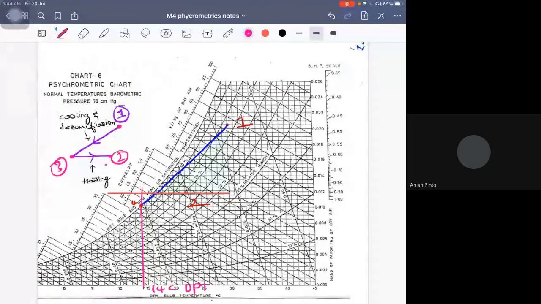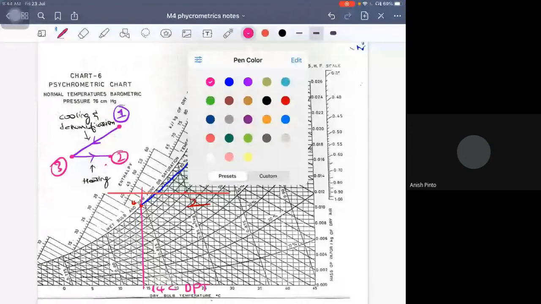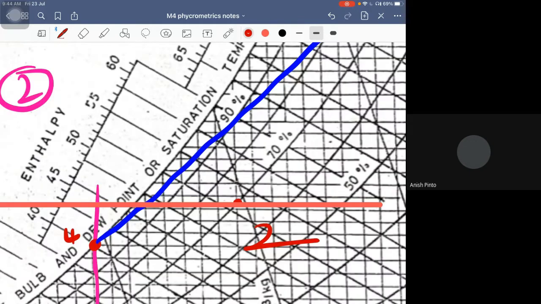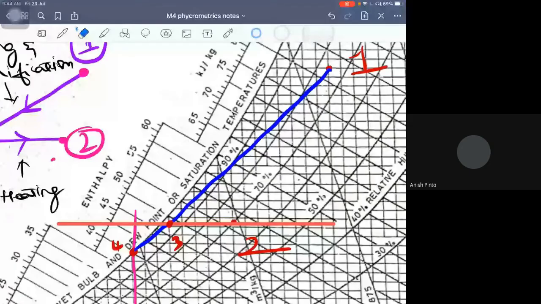Whatever the intersection point is for these two lines, which is this point, is state 3. The process will run on. I am erasing all the construction lines, please see it. So this is the process going from 1 to 2, which is cooling and humidification, and I'm erasing all these lines.